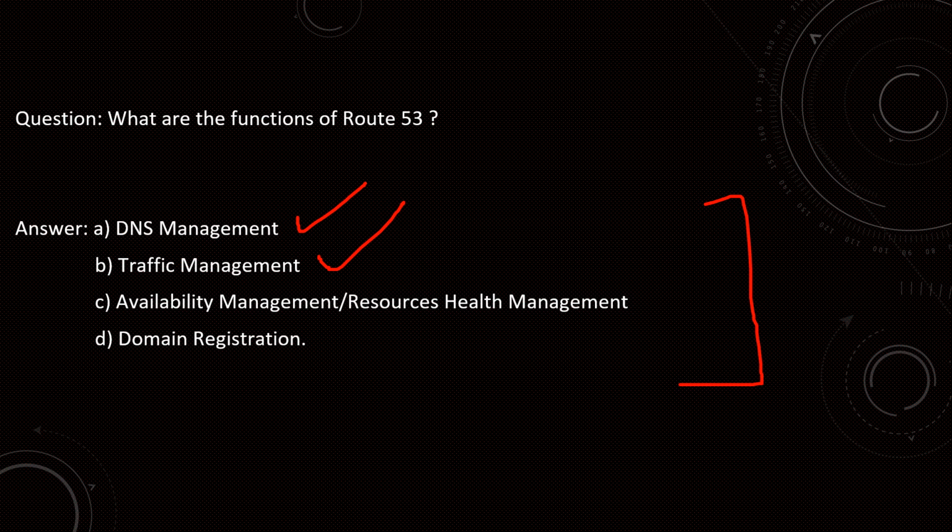For example, when traffic lands on our applications, it reduces the impact so that the availability of the applications will be carried on. Third thing is availability management and resource health management. Yes, it checks the health of the application and server as well.